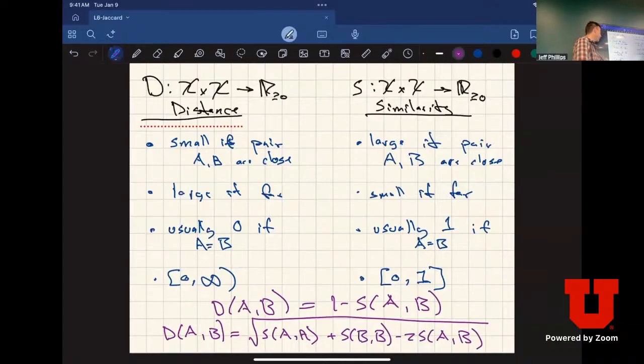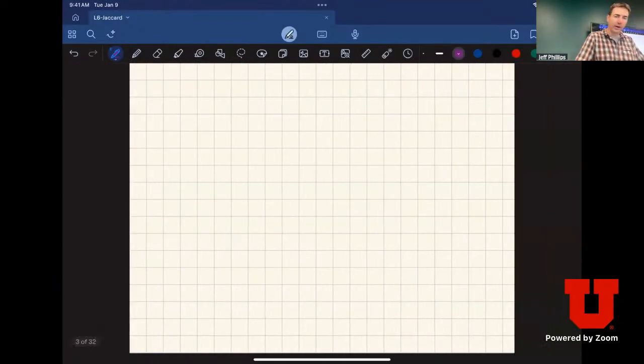And if you have kernels, for instance, and they're positive definite kernels, and you use this notion, then you almost always get a metric back. So there's a bunch of really nice mathematics around this. Okay. So what is the Jaccard distance or Jaccard similarity?